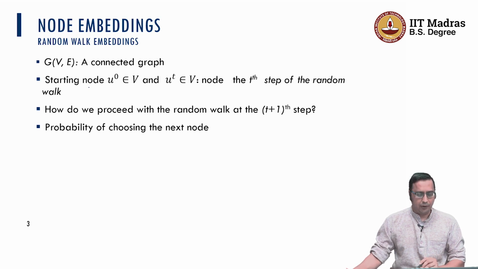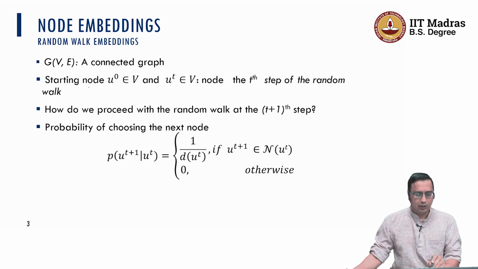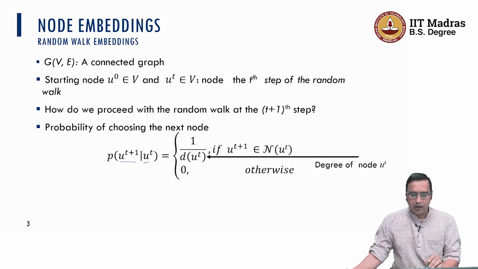What we are going to do is define the probability of choosing the next node as follows. Given ut, I want to choose a next node, ut plus 1, which I have defined as 1 by the degree of node ut if the ut plus 1 node belongs to the neighborhood of ut, otherwise it is 0.